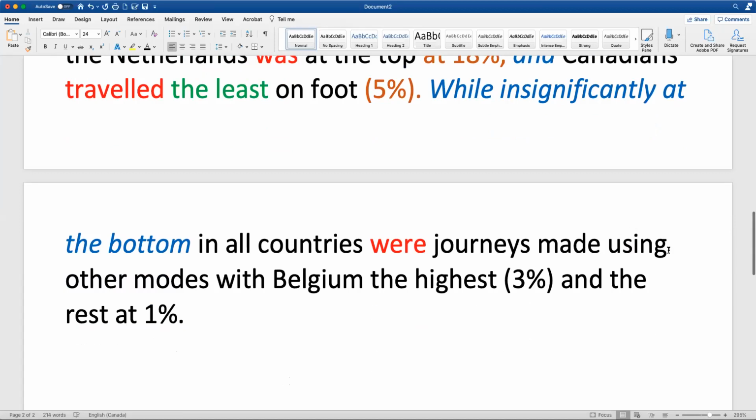Journeys made using other modes, with Belgium the highest at 3%, and the rest at 1%.